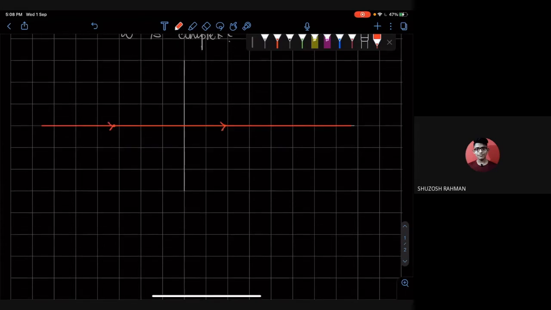If I take a closed contour C and integrate e to the minus a x squared dx, where x is a complex number, then because this is a nice function without any poles, this will give you 0, using Cauchy's residue theorem. Is that clear to you?